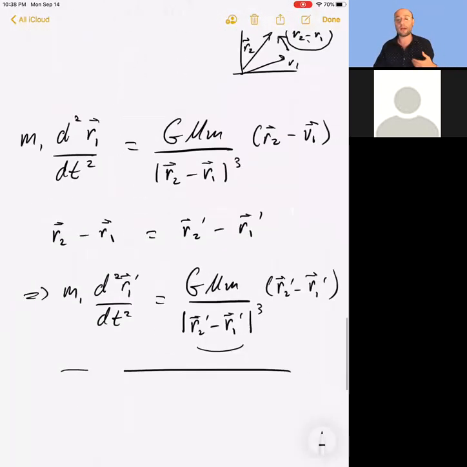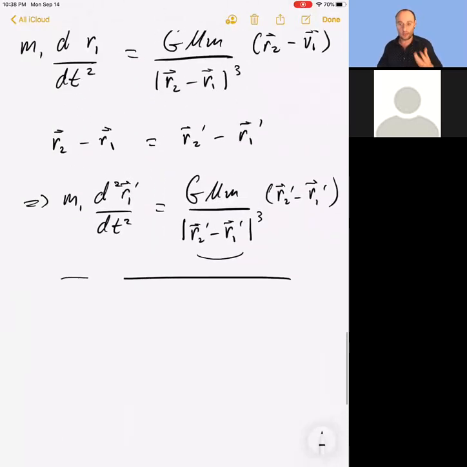Okay, so I gave you two specific examples, and this can generalize. As long as a force between two objects depends on the difference of coordinates of those objects or differences of velocities, sometimes you have velocity-dependent forces like drag, then the form of F equals ma, when you write it in terms of derivatives and coordinates, would be preserved.